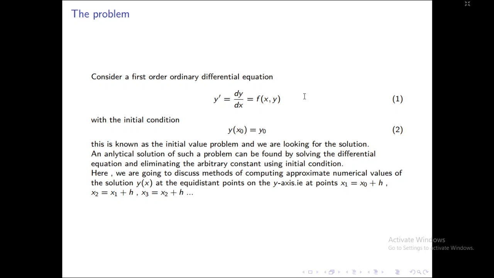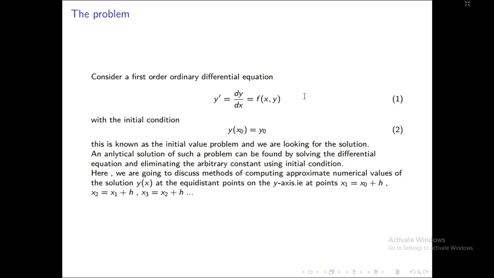By a numerical solution, we are looking for a function y is equal to f of x whose values are tabulated, or in other words, we are looking for the value of y at some points x1, x2, etc., xn.